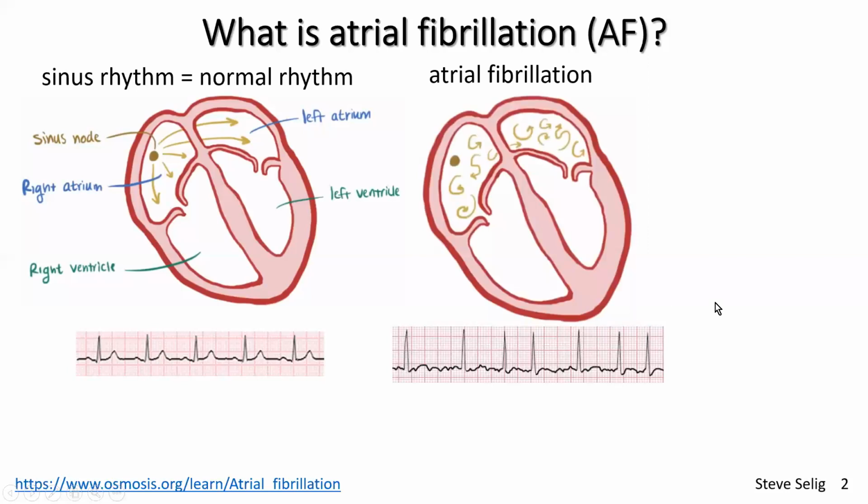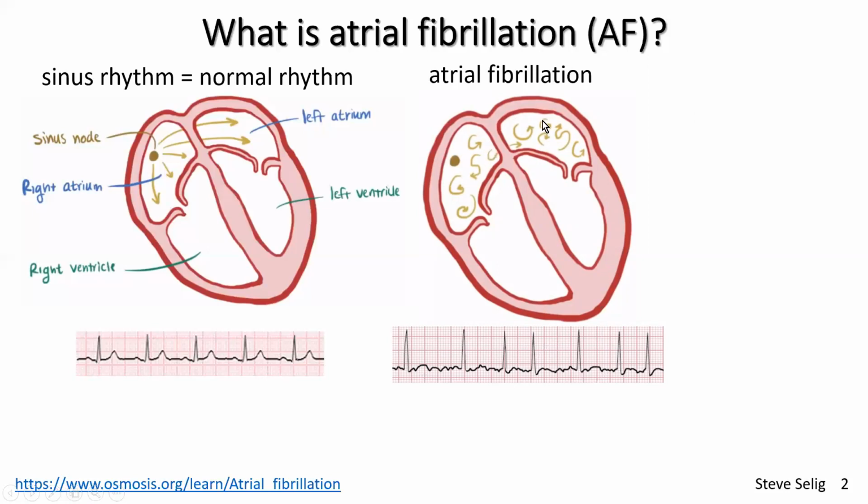In atrial fibrillation, the atria become electrically chaotic, in the sense that there are wavelets of electricity occurring all over the atria, and it essentially electrically knocks out the sinus node, so the sinus node can no longer do its job to control the rate and rhythm of the upper chambers and therefore of the whole heart.